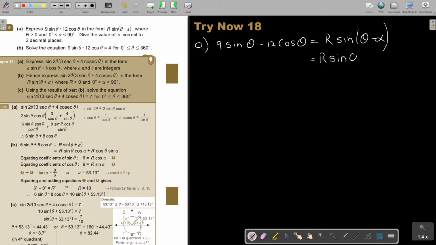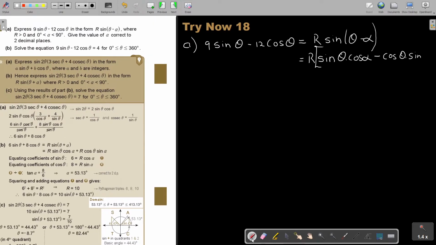So it's sin theta, compound angles, cos alpha minus cos theta sin alpha, whereby this is going to be R sin theta cos alpha minus R cos theta sin alpha.